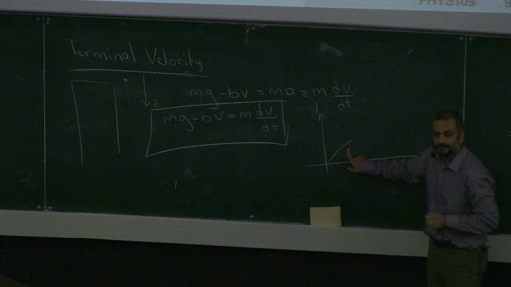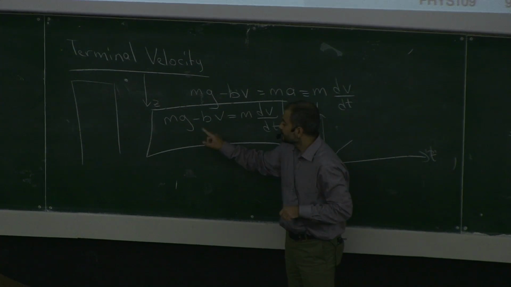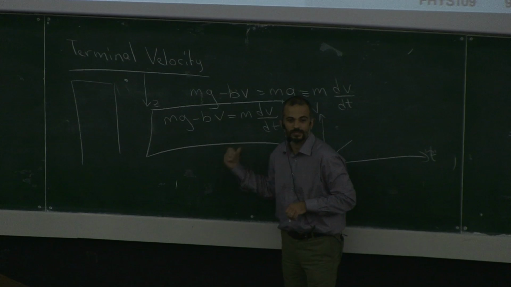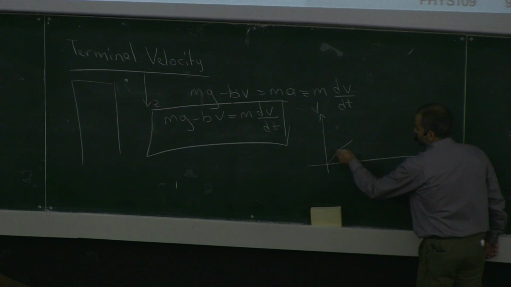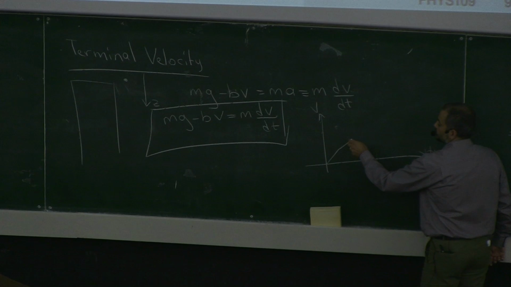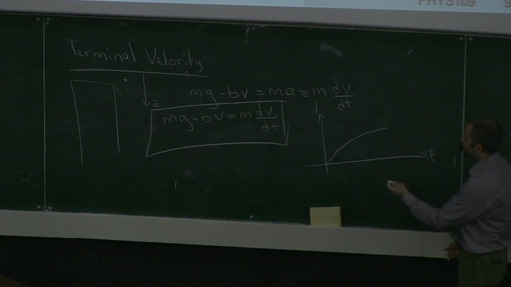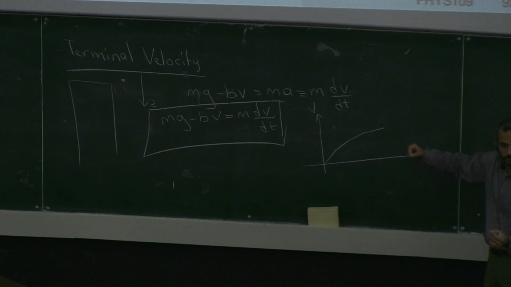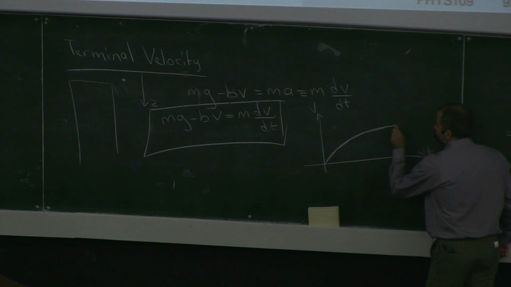As v is increasing, the net force is decreasing. So the acceleration is constantly decreasing as the speed is increasing. So initially it will move like this, then like this. Then it will accelerate with a smaller acceleration, smaller acceleration. Now, of course, it will not be a curve of broken lines. It will be continuous. So this is how it will behave.